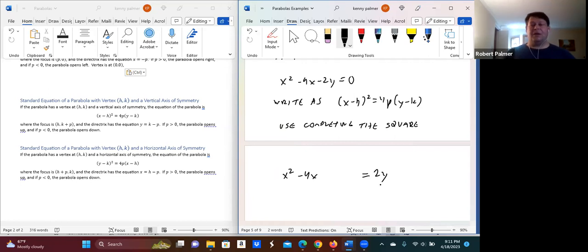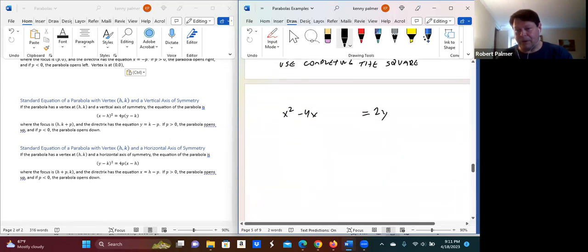Okay, now the idea of completing the square, all right, is what I want is x plus or minus something squared is equal to this other side.